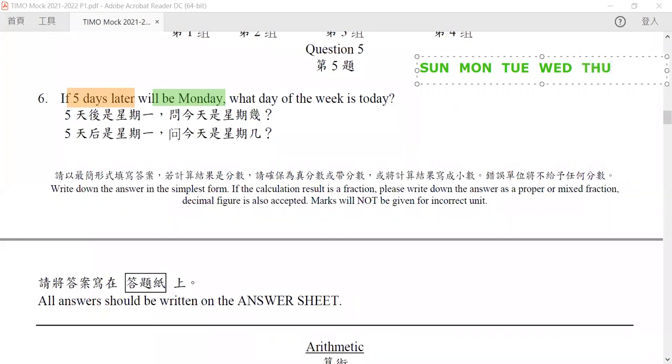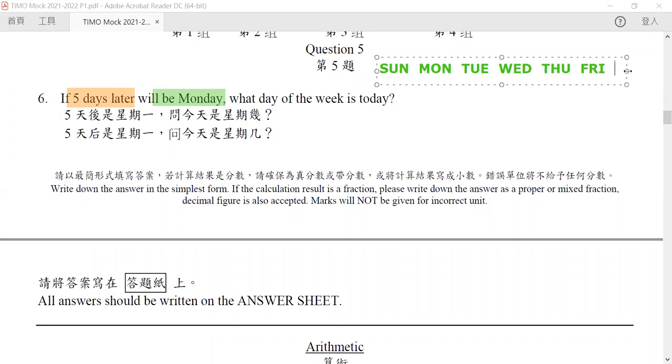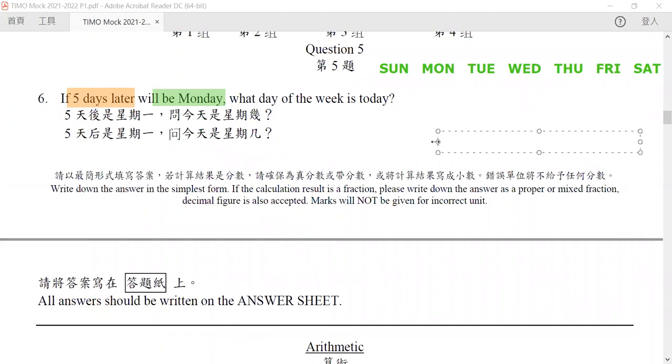So now here I will draw out the days of the week for our calendar. You know that the day of the week now is Monday, right? So this is now, and this is 5 days later.